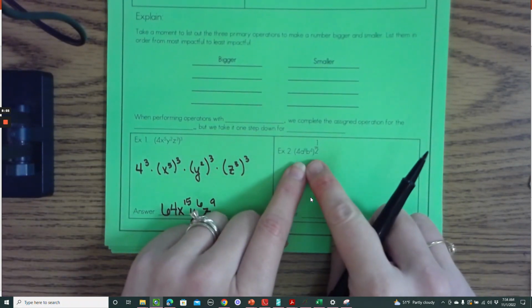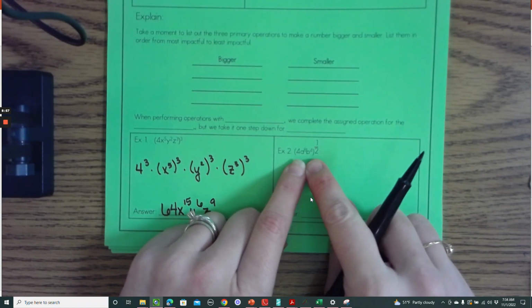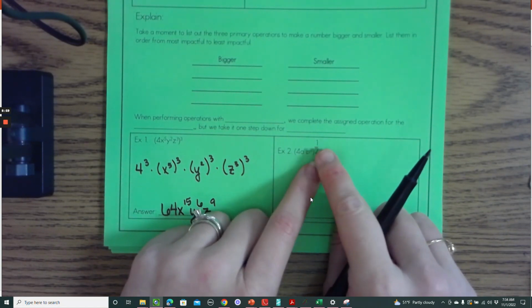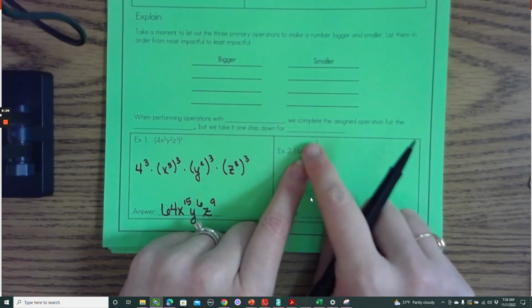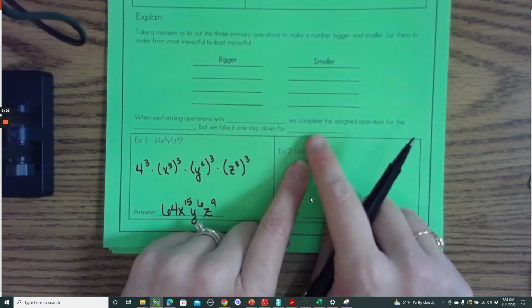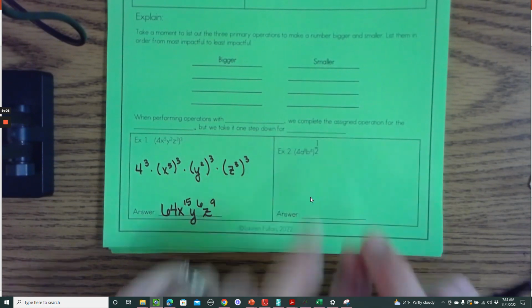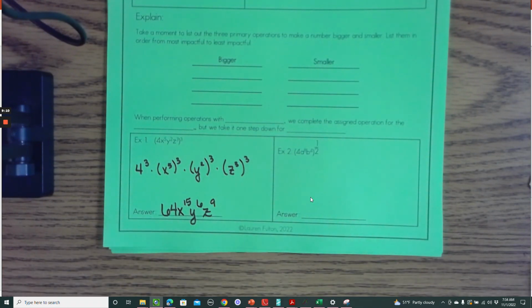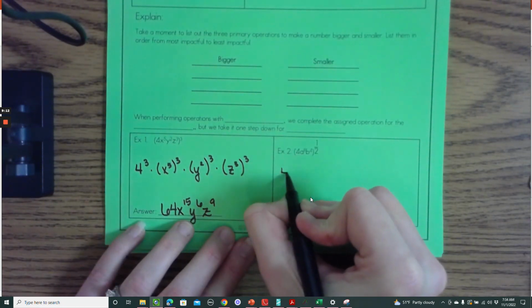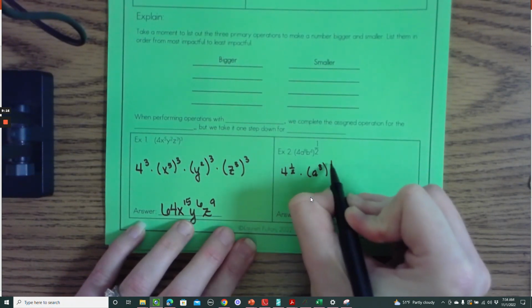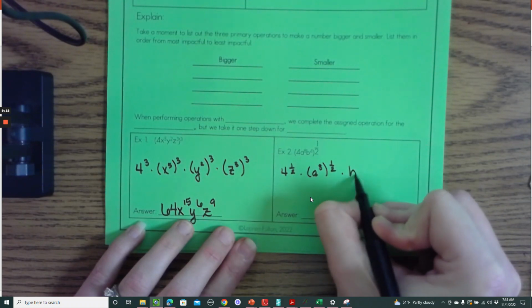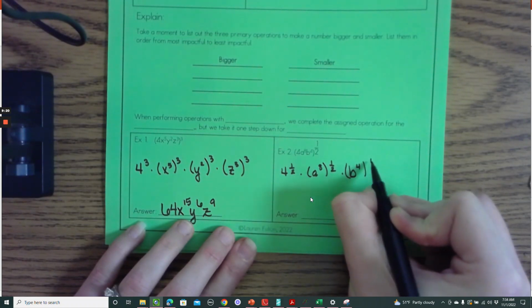Okay, example 2, 4, a to the 8, b to the fourth, to the 1/2 power. So here's a little thing about exponents that are halves. Raising something to the 1/2 power is the same as square rooting it. So remember, we would do 4 to the half times a to the 8 to the half times b to the fourth to the half.